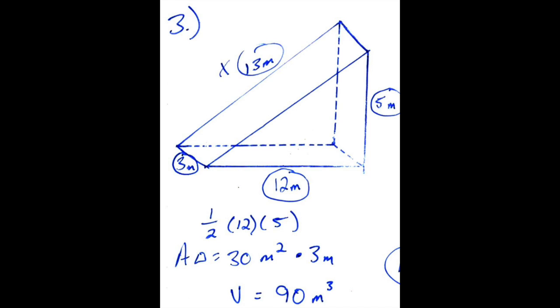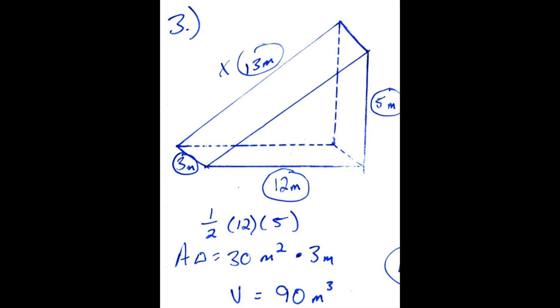And then if we look at the triangular prisms, now in these examples, they kind of throw in some information that isn't necessarily needed. So if we want to do the method like we did in the notes, we need to find the area of one of those triangular bases first.